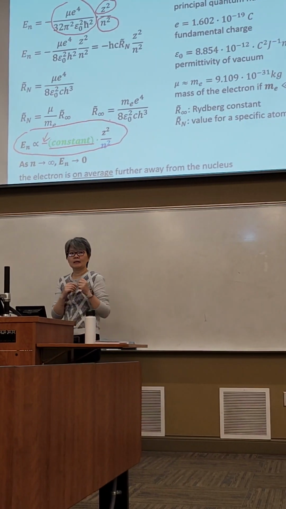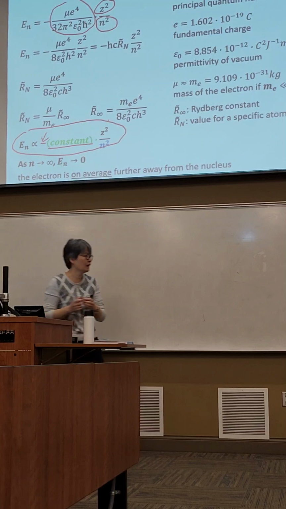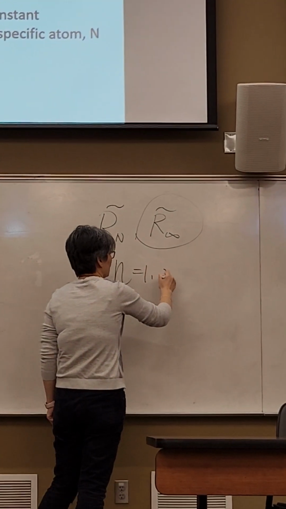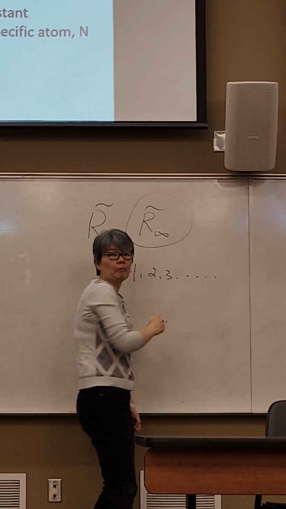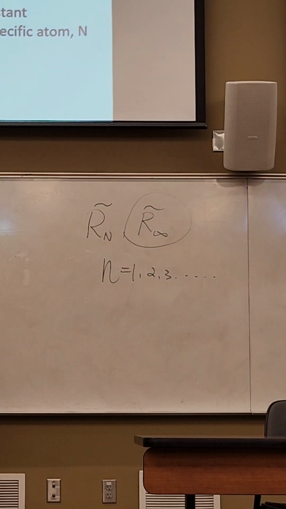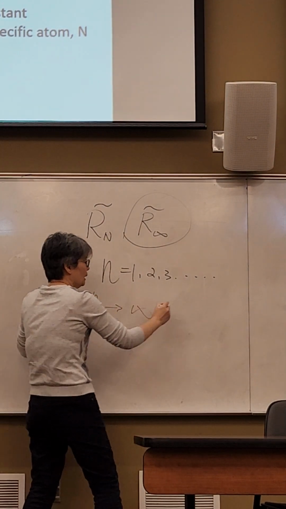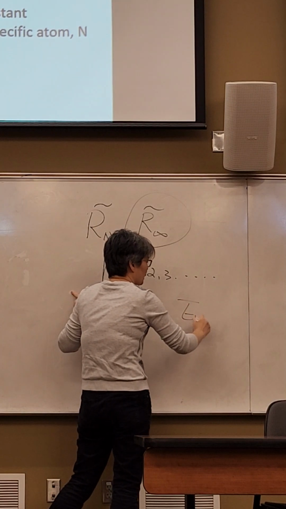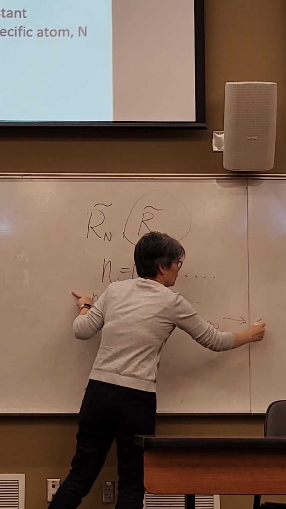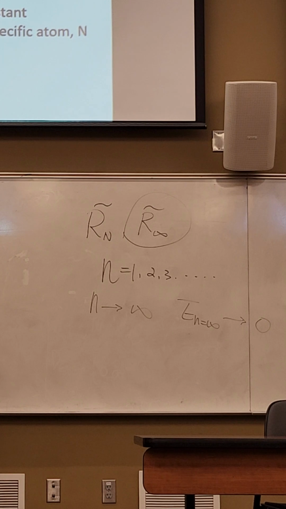Now we say the principal quantum number can take positive integers. As you can see, when n approaches infinity, the energy approaches zero. Otherwise, it's a negative value.